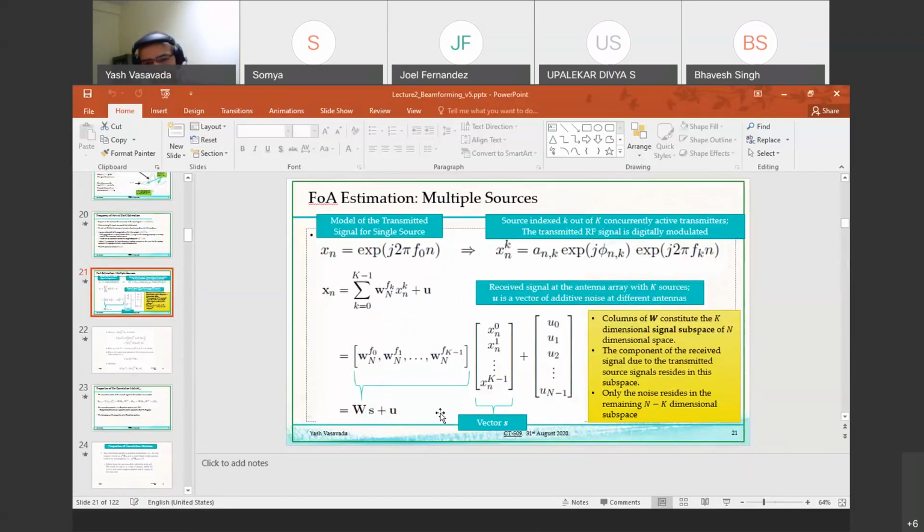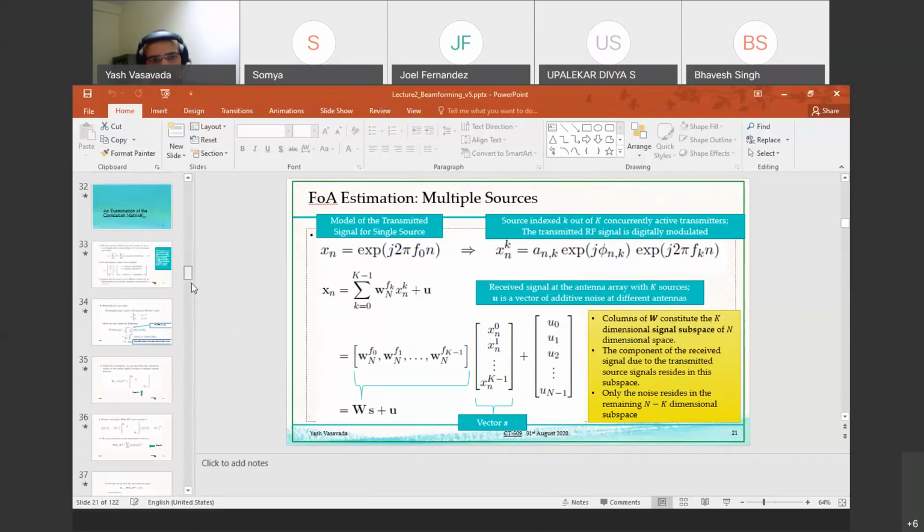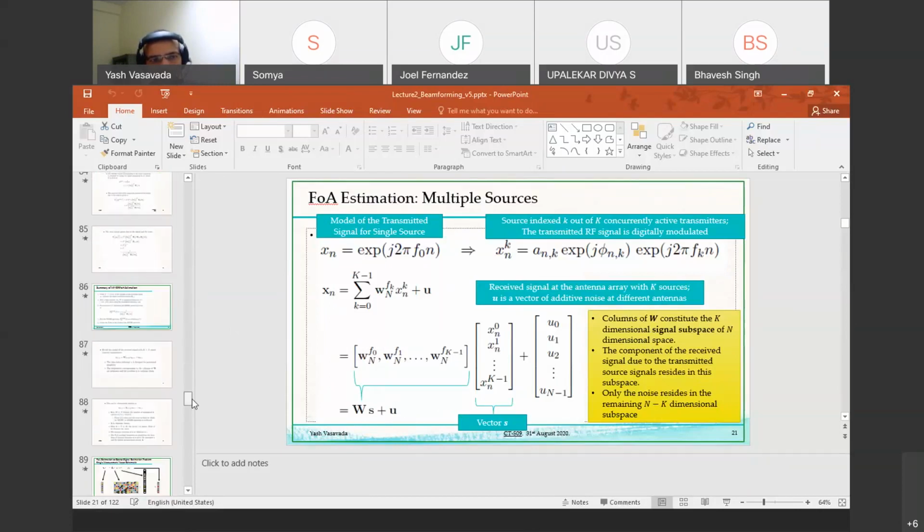I think this slide should be familiar to you all now. It has actually become a famous slide. Probably I come back to this slide over and over again. So you see here, X is equal to WS plus U.